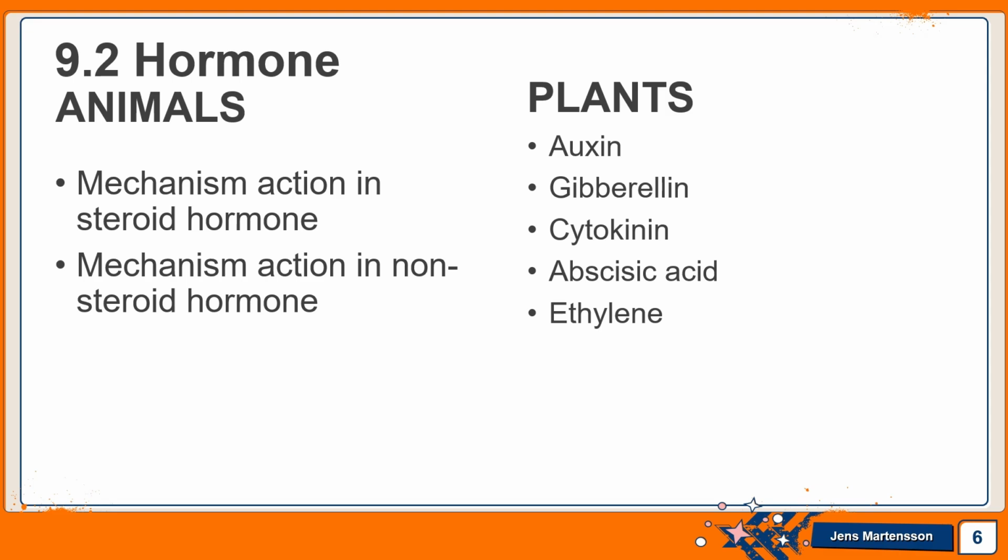In plants, actually in SPM you already learned auxin and ethylene, right? Auxin hormone and ethylene hormone for the plant part. But in STPM we have 5 types of hormone you have to learn.